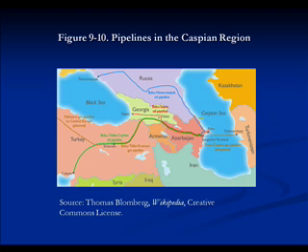So the American government would prefer that oil from Baku flow not through Russia, but rather through Georgia and Turkey. And so the U.S. government encouraged U.S. oil companies to finance those two pipelines.